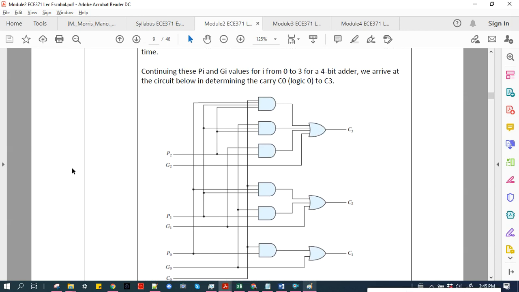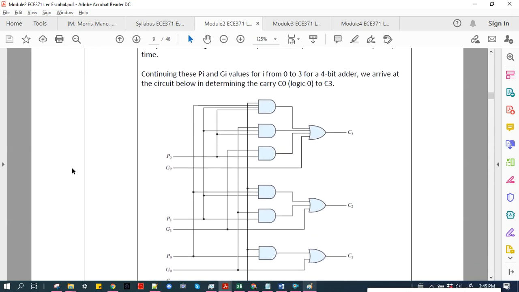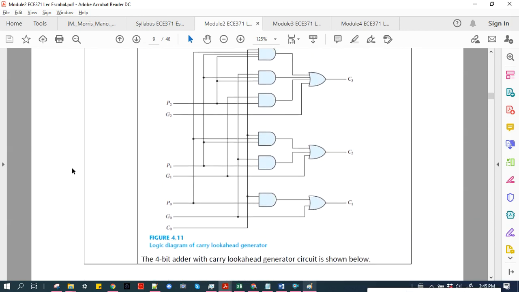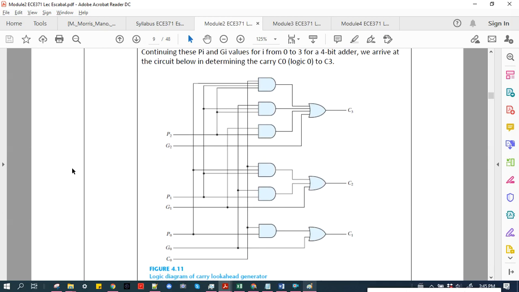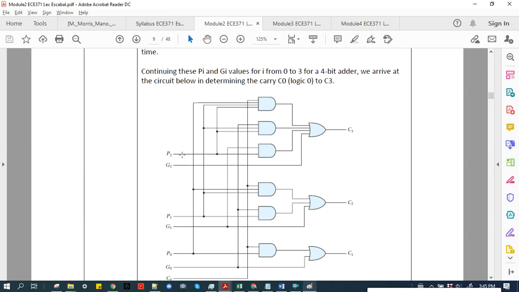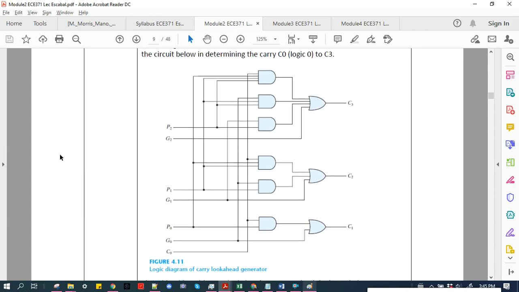So what is the drawback of using the carry look ahead generator? The drawback is we are using more logic gates. It will be more power hungry, and the area will be bigger because we are using more logic gates.